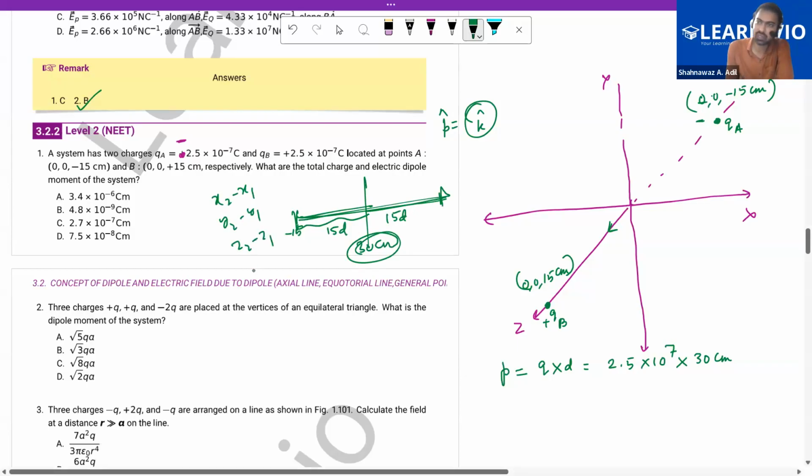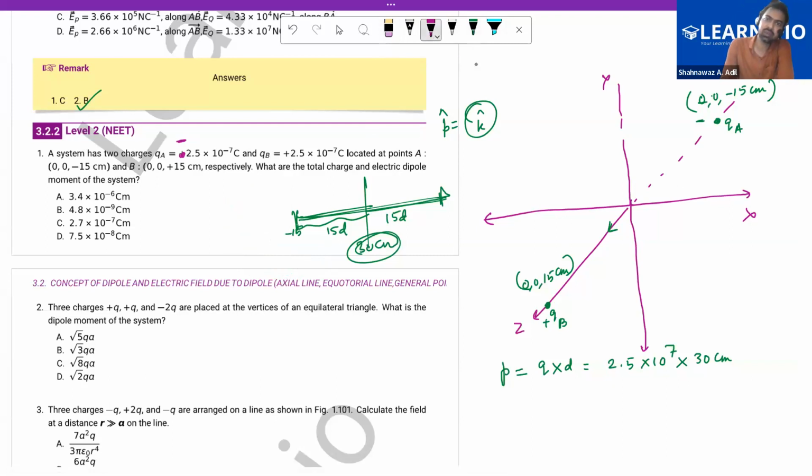So z2 is 15, and minus of z1 is minus of minus 15, so 30. Whatever way is comfortable and easy to understand. The distance between these two points is 15, and between these two points is also 15, so we are moving 30 units in distance.